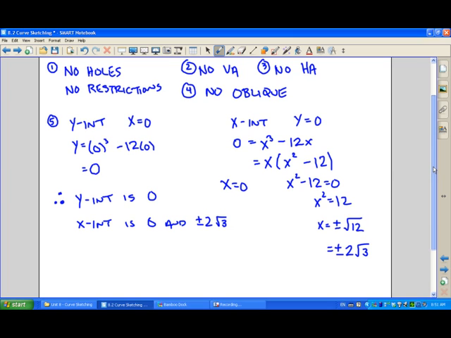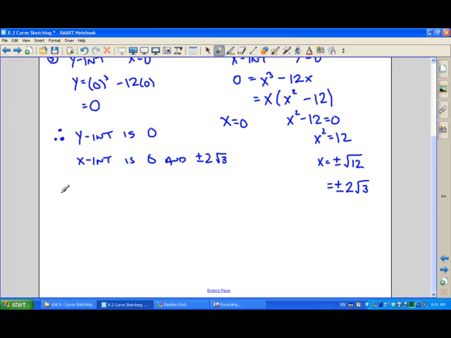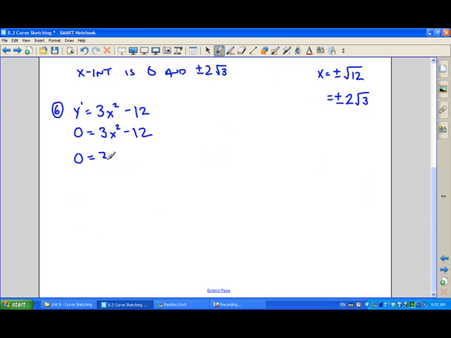So now that I've identified the intercepts, my next task is to find those intervals of increase and decrease and those possible max-mins. So I'll take the first derivative of this equation and I get 3x squared minus 12. I'm finding the possible max-min points, so I'll set this equal to 0 and solve for x. So I can common factor out a 3 from both terms.